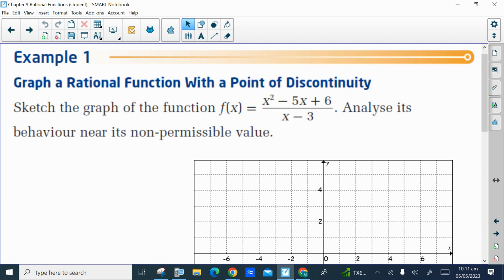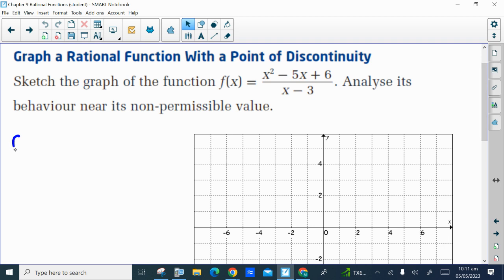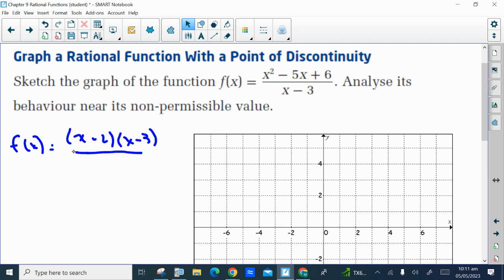And more specifically, in this case, if we factor the top to (x minus 2)(x minus 3) over x minus 3, we see that we can divide top and bottom by a factor of x minus 3. And you're just left with x minus 2, which is a line.